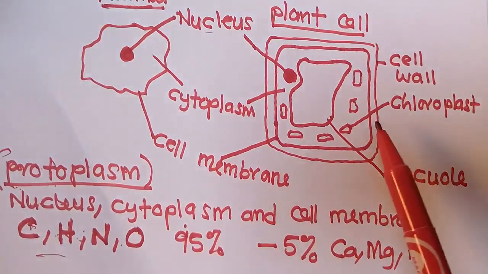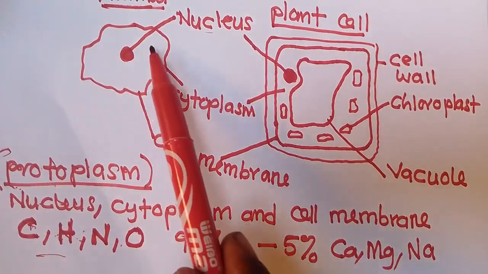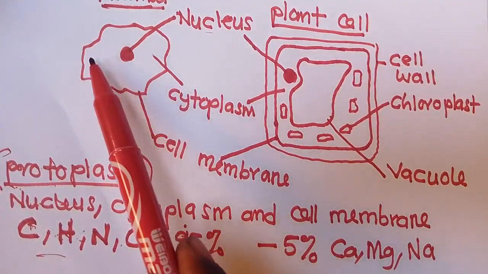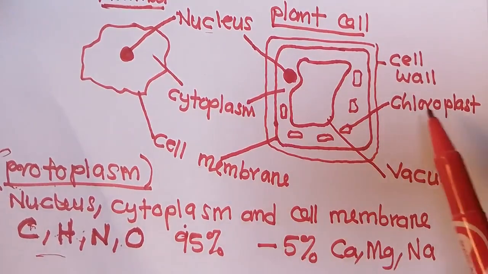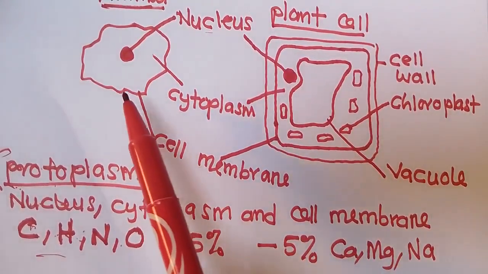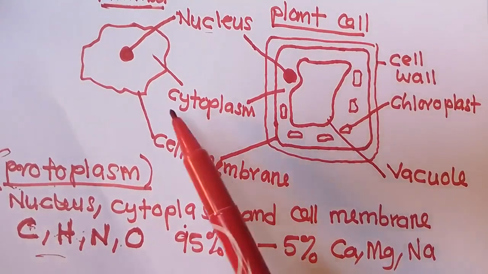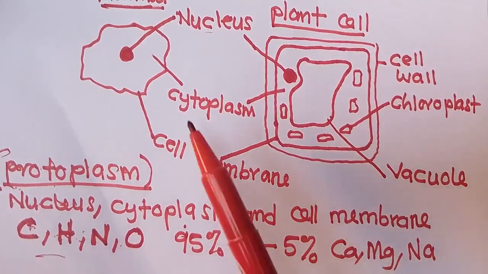You can even observe by your own eyes, you can tell the difference. Then you can tell that here we've got chloroplasts. Do we have structures of chloroplasts here? No. So that is a difference. A plant cell has chloroplasts, while an animal cell does not have chloroplasts. Then the other difference that you can give is their shapes.